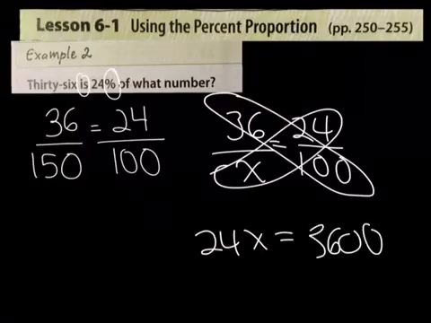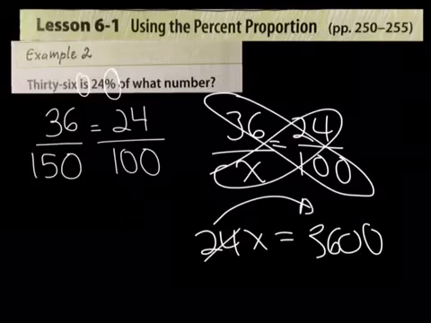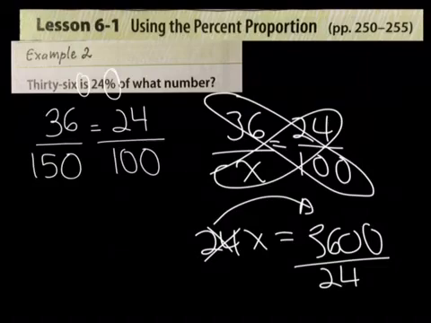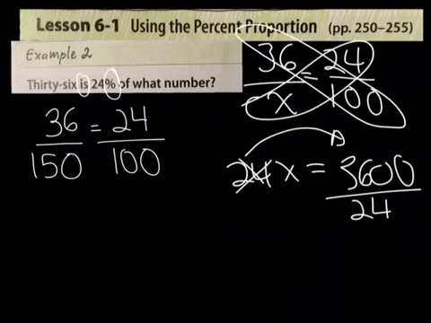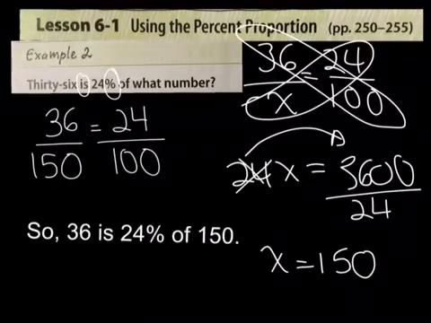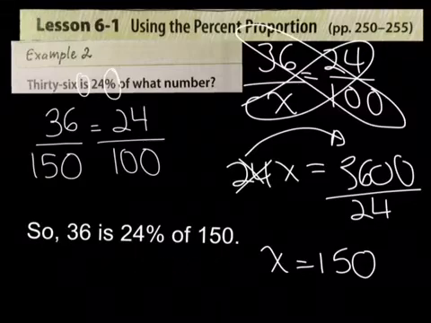So then I bring the 24 over to the other side, which becomes division on this side because it's multiplication on this side, don't forget. So when I do divide that, how many 24s do I have in 3600? X equals, there's 150 of them. So 36 is 24% of 150.